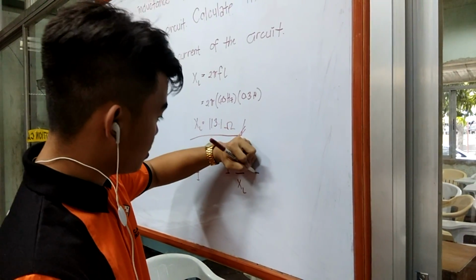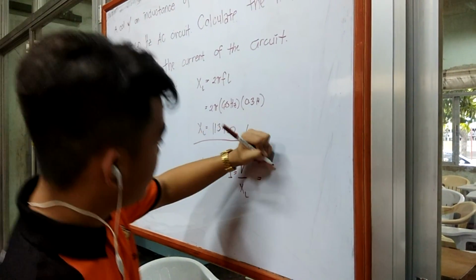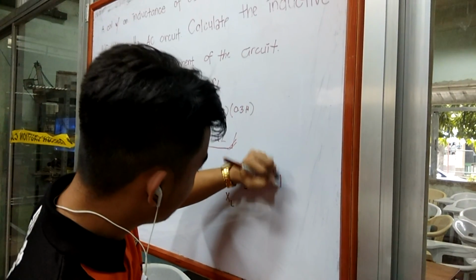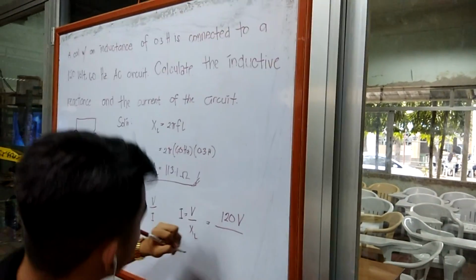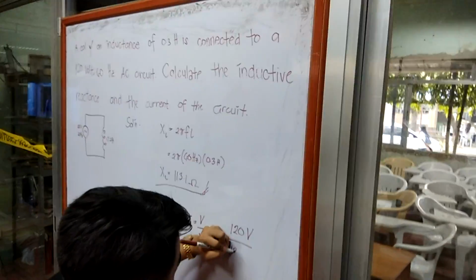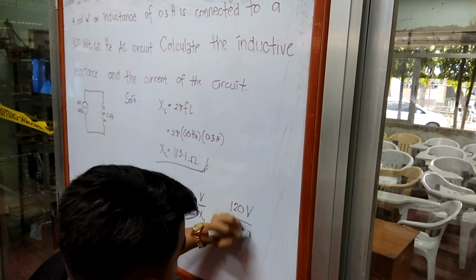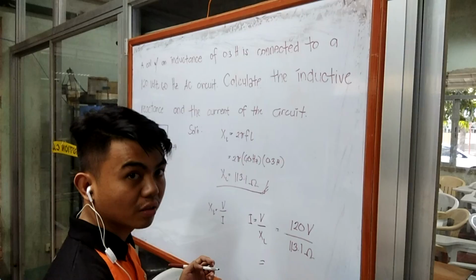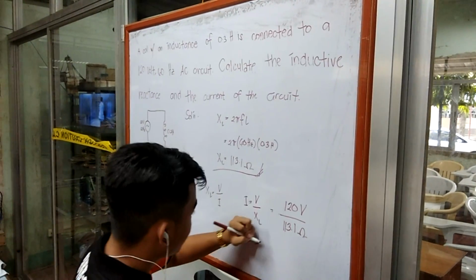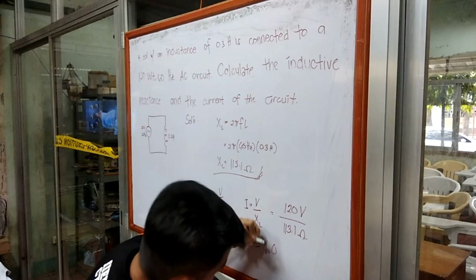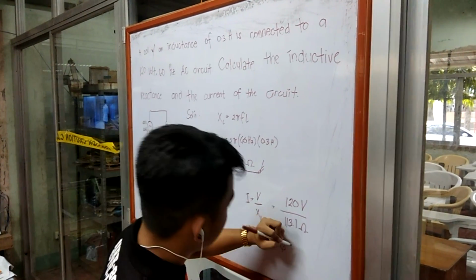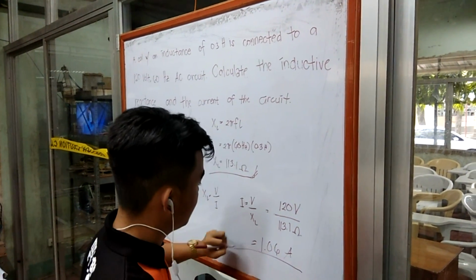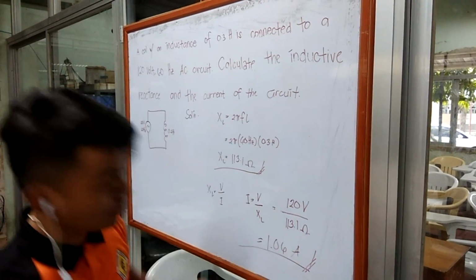The voltage is 120 volts all over the inductive reactance, which is 113.1 ohms. So the answer now will be 1.06 amps. So that's all. Thank you.